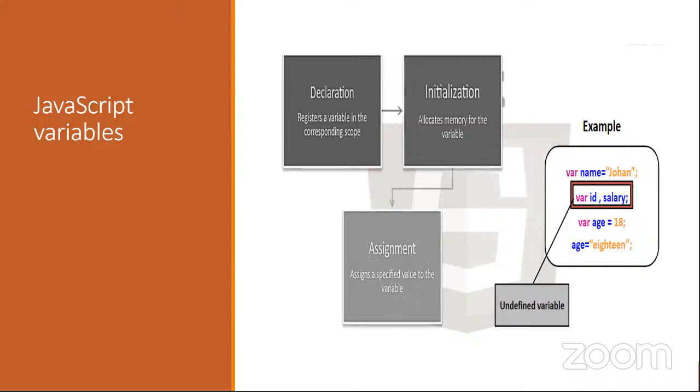But the second one, where ID comma salary, is not valid. We can say these are undefined variables. Again, we are taking one more variable, that is age equals 18, but for that same memory location we are replacing the value. So this is possible, but not ID comma salary together.